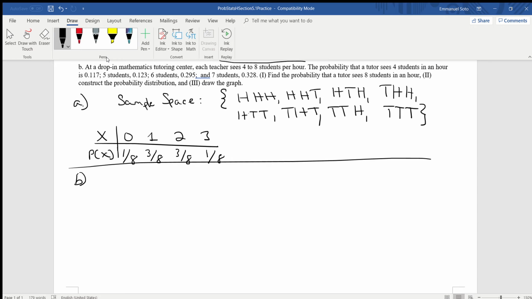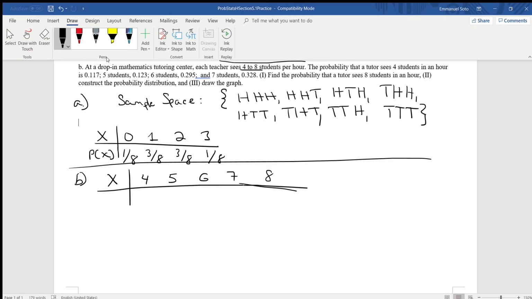Right, so we have our probability distribution where X is the number of students one sees in a particular hour. So we have 4, 5, 6, 7, and 8. Alright, so in this case this will be a discrete variable, the number of students that you see per hour. And it's limited to 8 students because that's what the first sentence says.